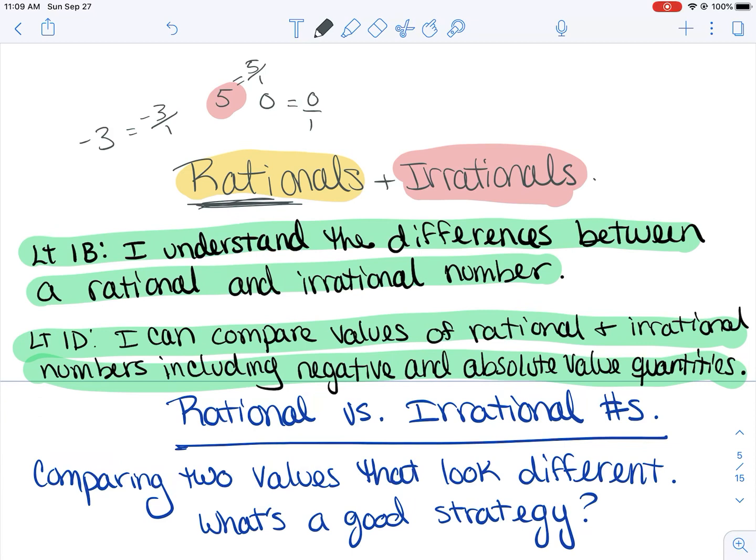And you can also have just decimals or any other kind of fractions. So 2/3, that's rational because we can write it as a ratio or a fraction, 2 to 3. And let's say we had the decimal 0.5.